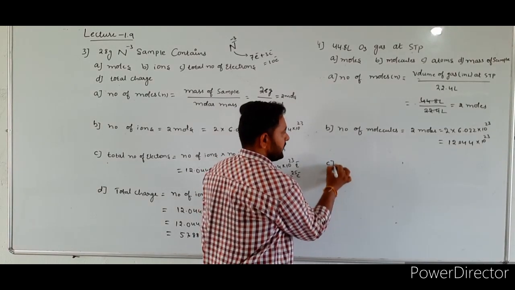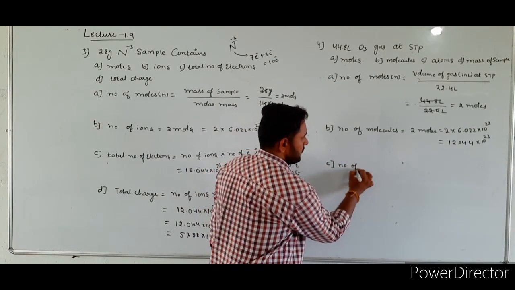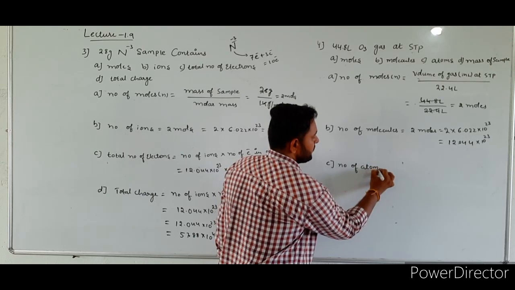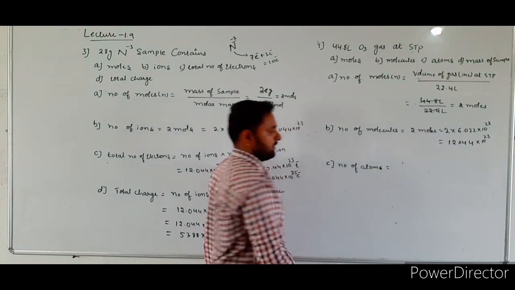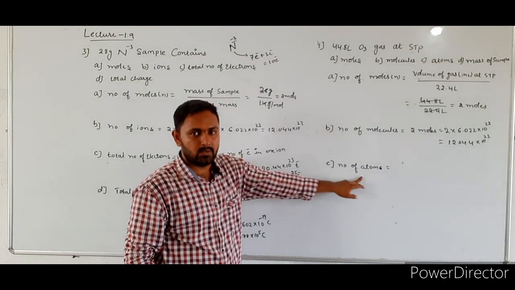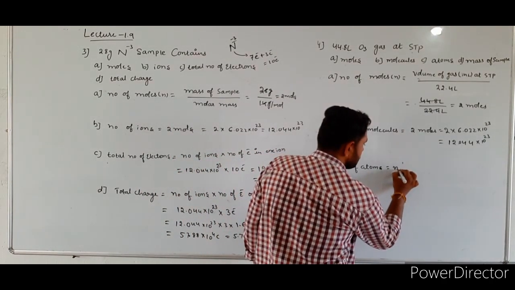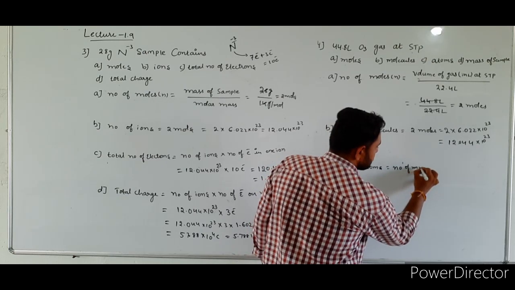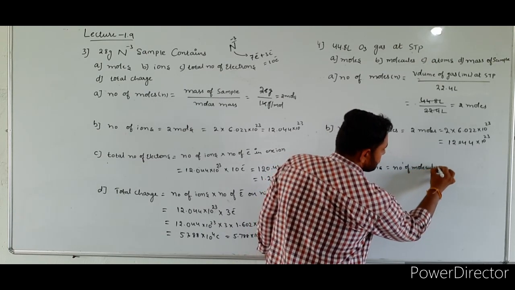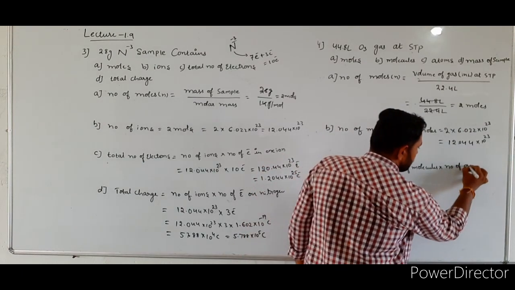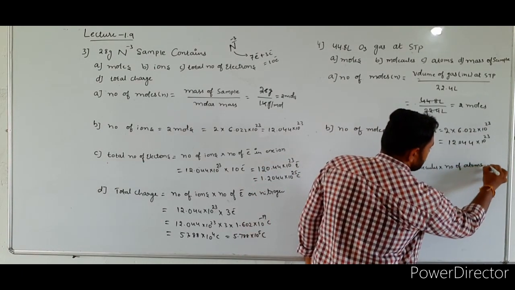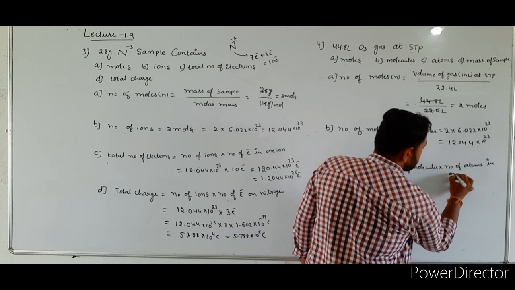Then next, calculate number of atoms. How many atoms are present in 44.8 liters? The number of atoms is equal to number of molecules into number of atoms in one molecule.